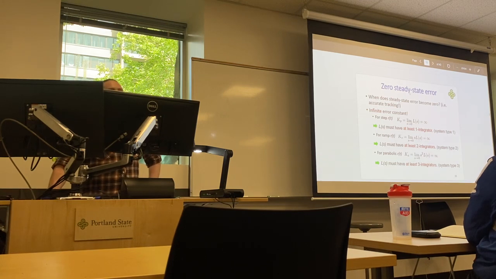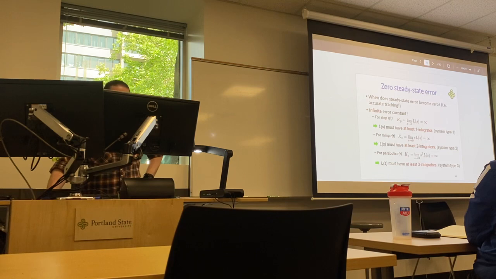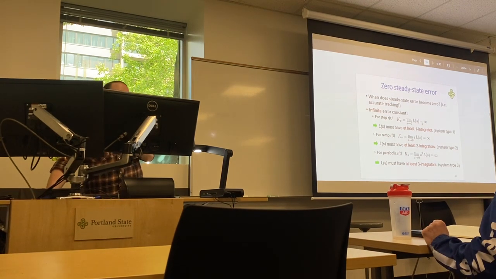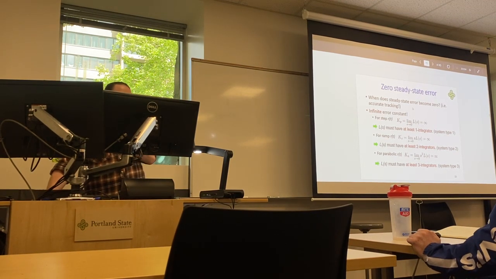So if we want 0 steady state error, when does that actually occur? Infinite error constant for the step. We have infinite error if we have just a constant. So if we don't have an integrator in our system, a type 1 system, we would end up with infinite error on our step response.